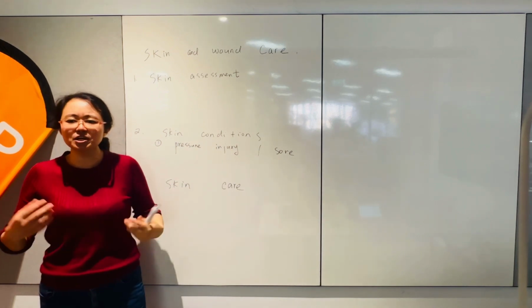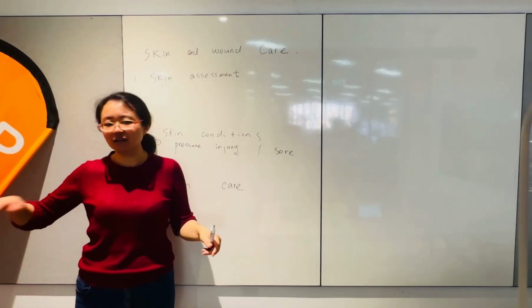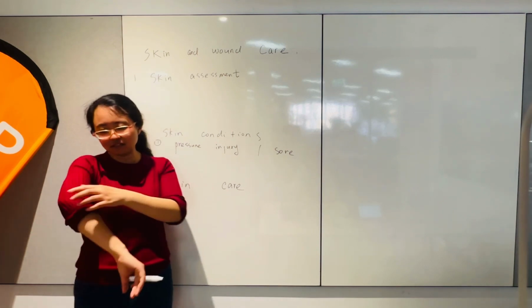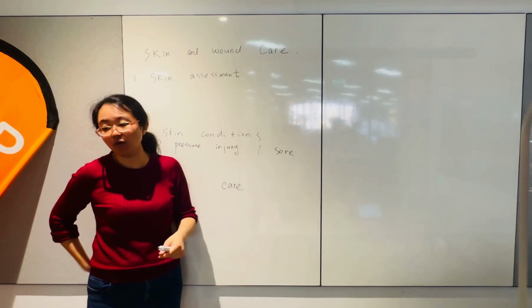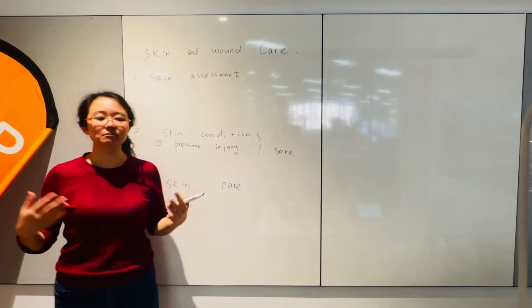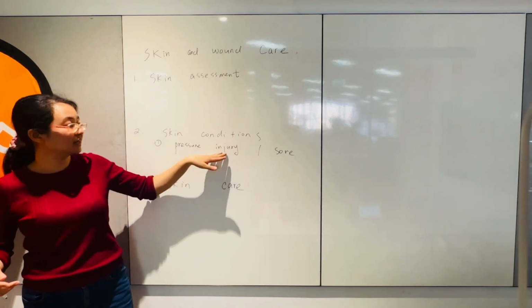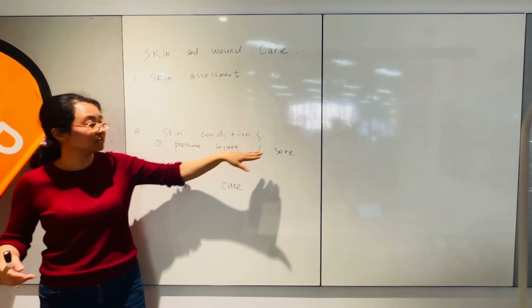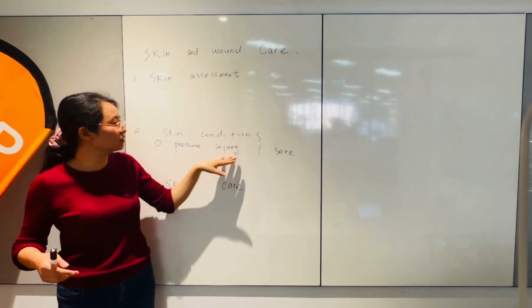If the patient sits in one position for too long or lies on their back for many hours, these areas like the elbow, the lower back or the heels easily lose the skin layer and develop this sore or injury. So this is called pressure injury.